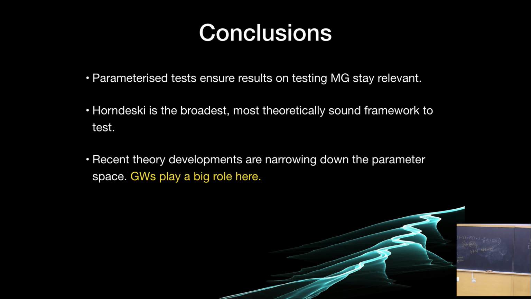I told you about these 3 theoretical results, which are all sparked by gravitational waves. So gravitational wave astronomy is really influencing dark energy and gravity work. And finally, I showed you current constraints at the order unity level, and hopefully they will soon improve. Thank you for your attention.